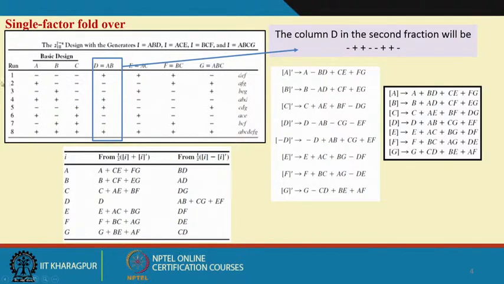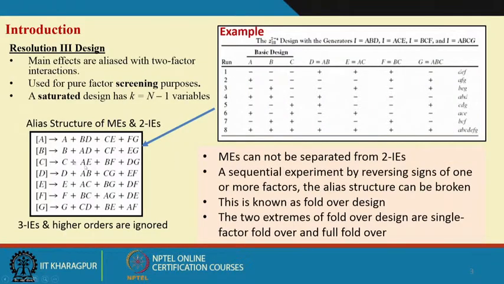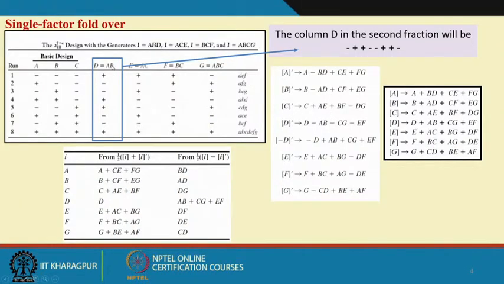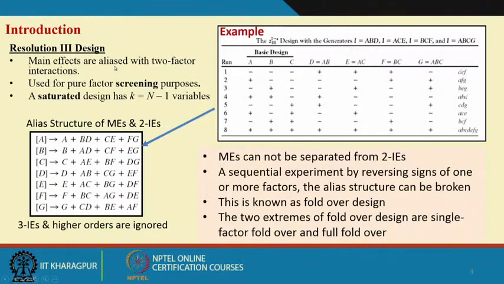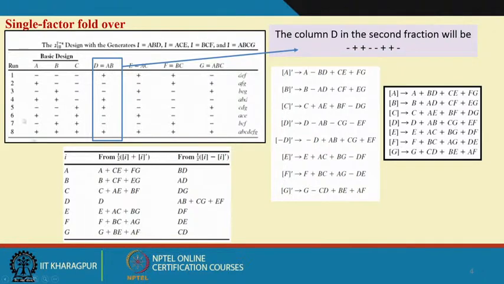Then what happened, earlier you see what was there, here you have taken D equal to AB, then what you are doing here, D equal to minus AB. Okay. So, instead of D equal to AB, here it will be minus AB, and all other things remain the same.